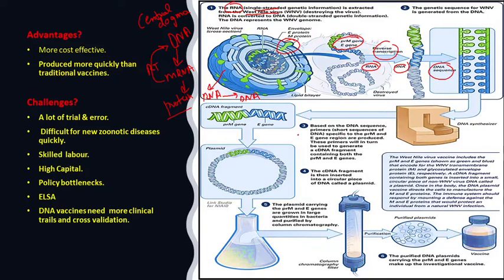Based on the DNA sequence we make short sequences known as primers, which are specific to the PRM gene, the gene of interest, and from these primers we generate the cDNA. So from the DNA we make the cDNA, which is complementary DNA.